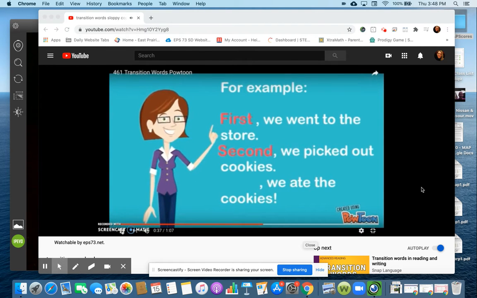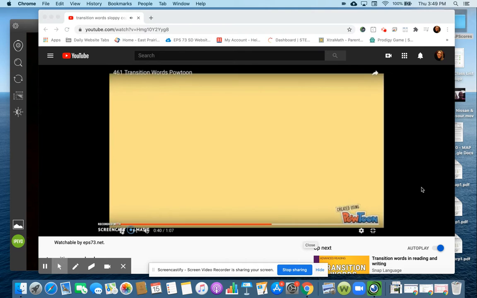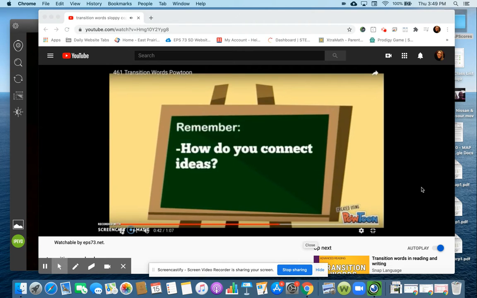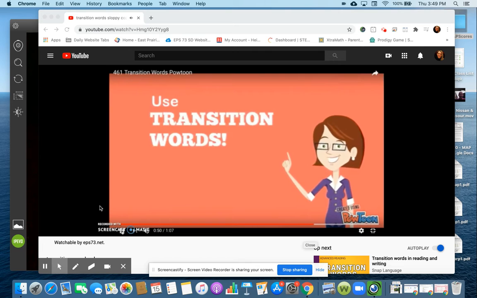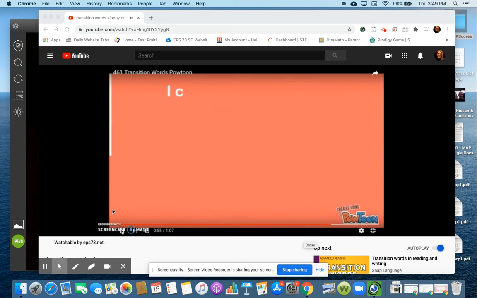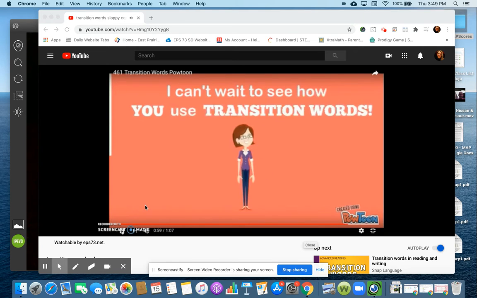For example, first we went to the store, second we picked out cookies. Remember, how do you connect ideas? How do you move to another idea? Use transition words. I can't wait to see how you use transition words.